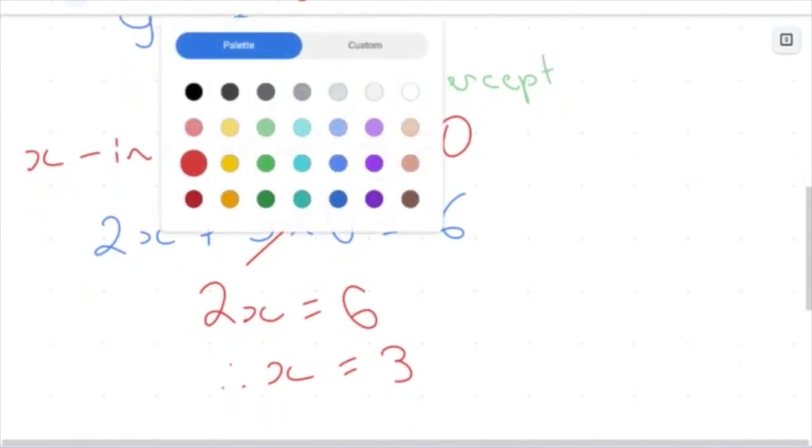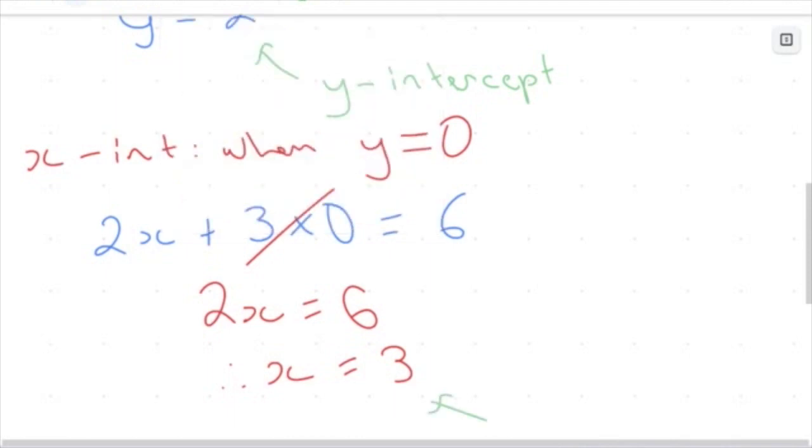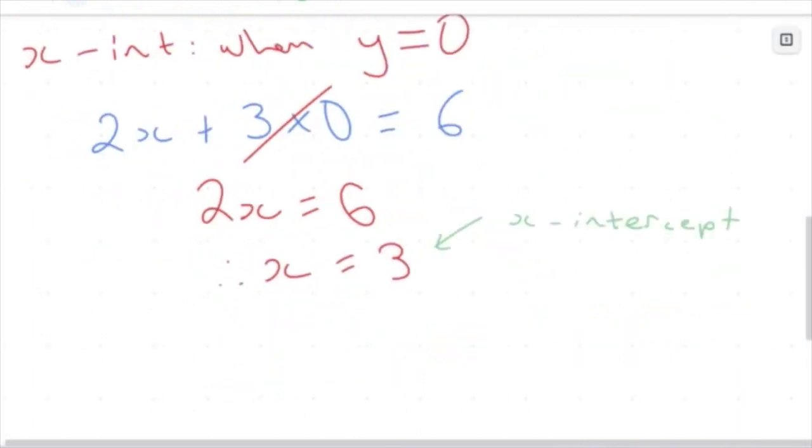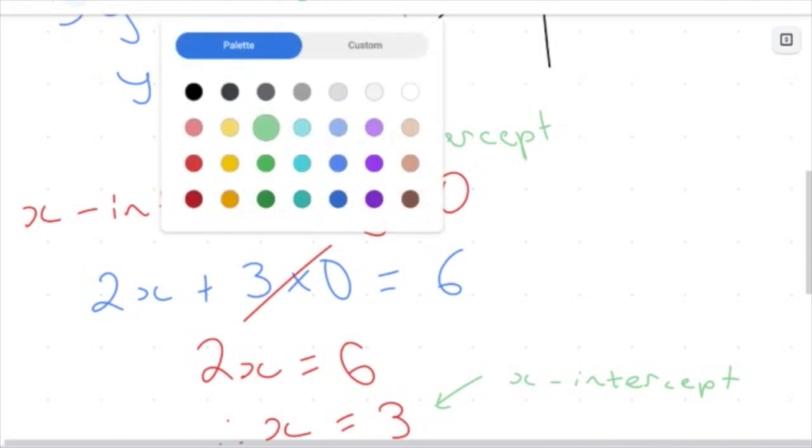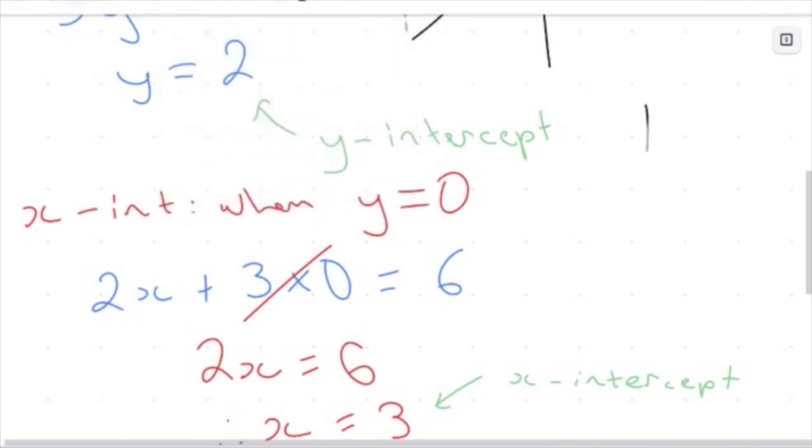And now that I have these two terms, an x-intercept and a y-intercept, now I can draw the graph to a pretty good level of accuracy. So if I take these two bits of information and I draw the graph on my right over here, I have my y-axis, I have my x-axis.